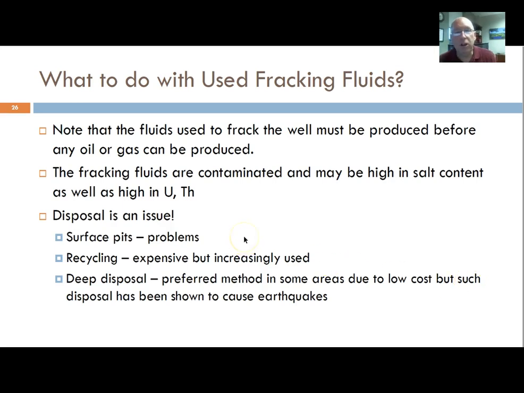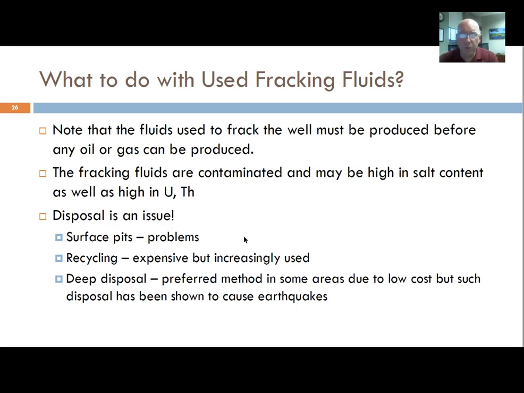Then, in his longer presentation, he talked a lot about the earthquake problem in Oklahoma. And the key thing is that fracking itself is not associated with earthquakes, at least not ones that you can feel at the surface.